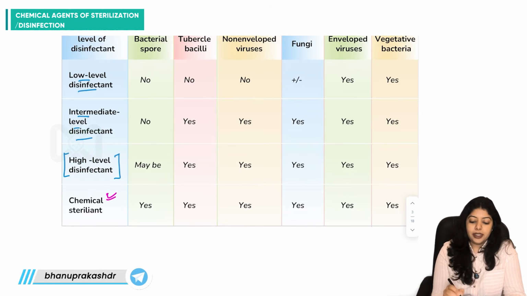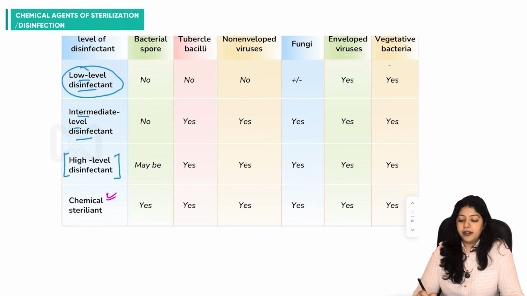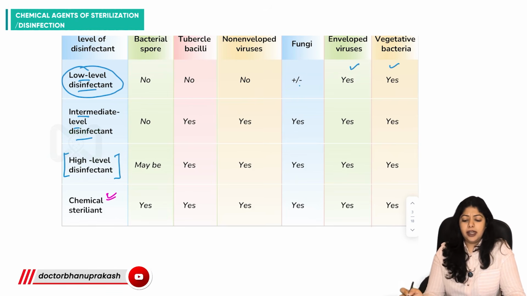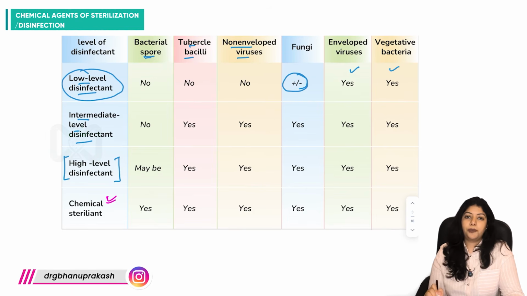Firstly, low-level disinfectants. These disinfectants will be active against vegetative bacteria and enveloped viruses, whereas they will have variable activity against the fungi and will not have any activity against non-enveloped viruses, tubercle bacilli, as well as bacterial spores.